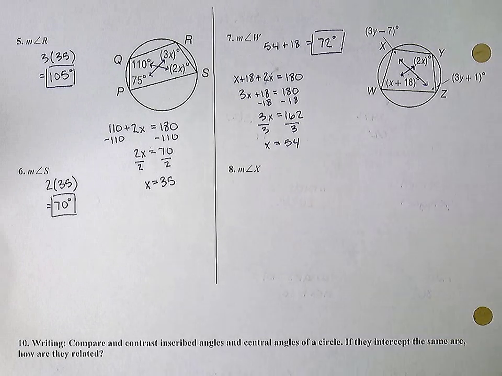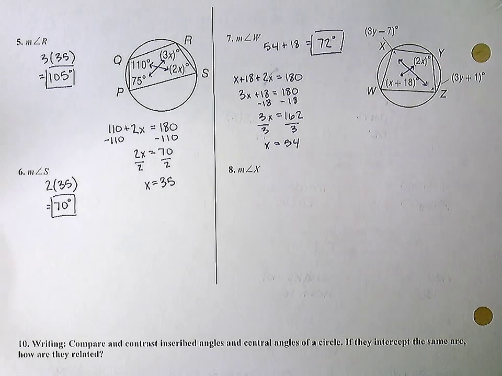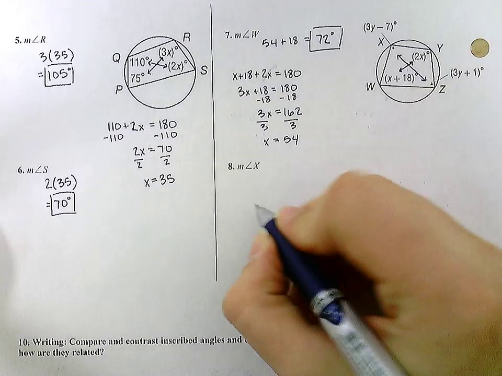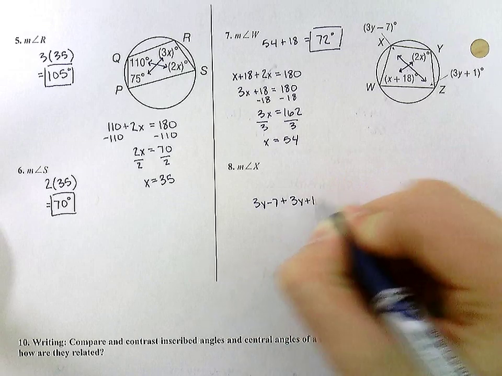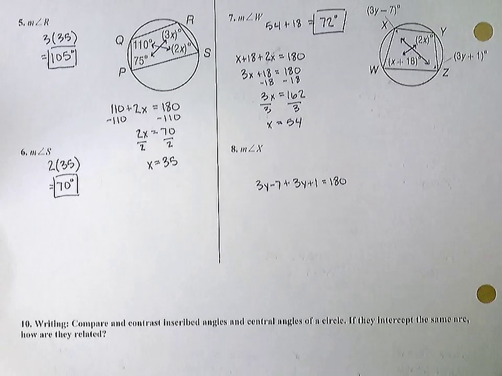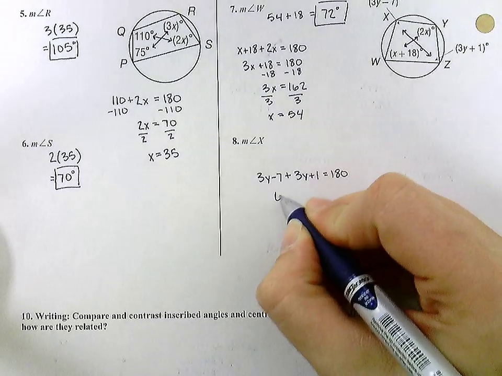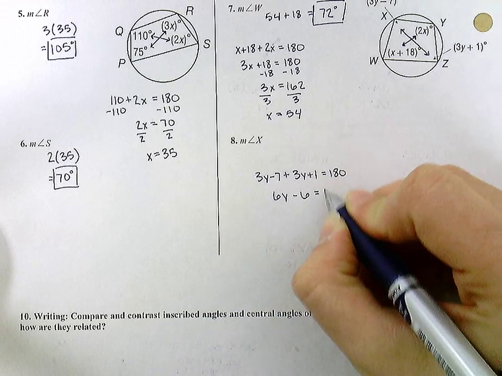Then for angle X, we have to first solve for Y. So again, those two angles across from each other add to 180. So we have 3y minus 7 plus 3y plus 1 is equal to 180. So combine like terms, we have 6y minus 6 equals 180.